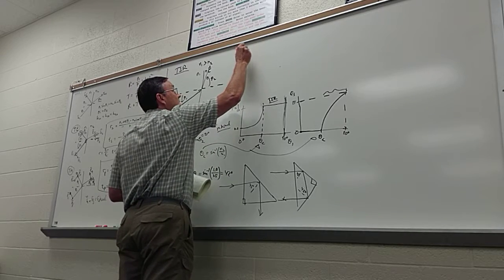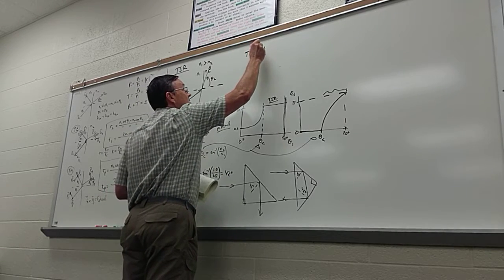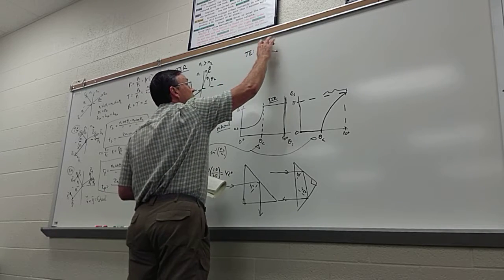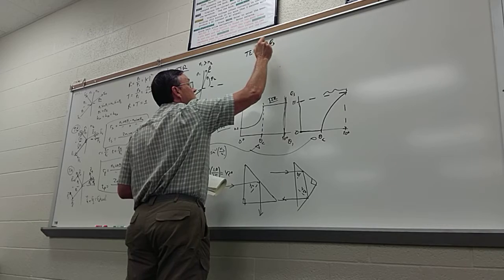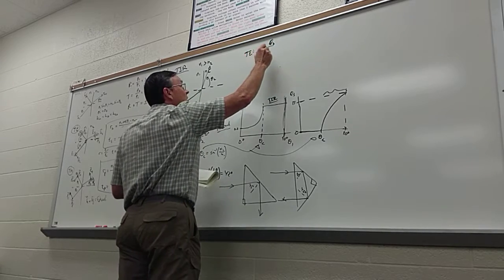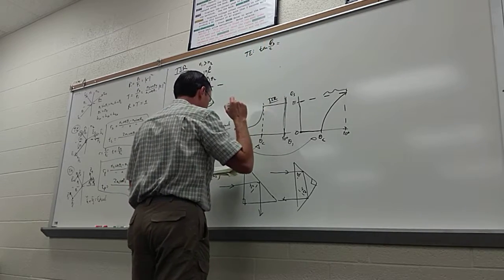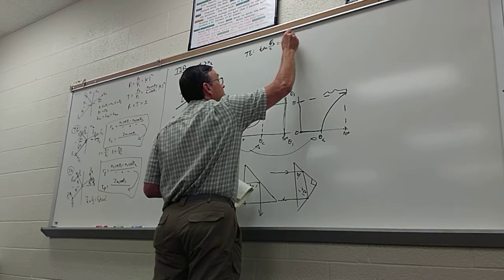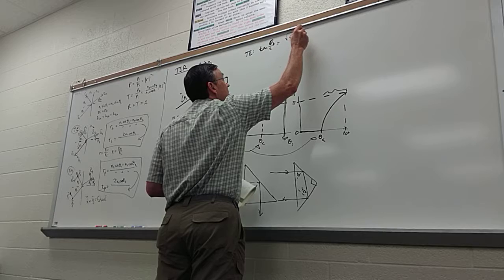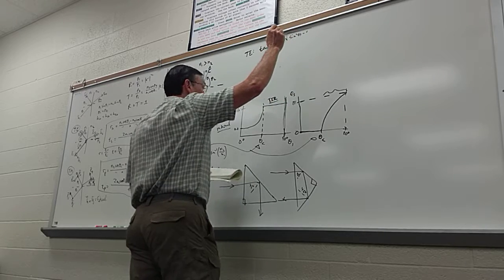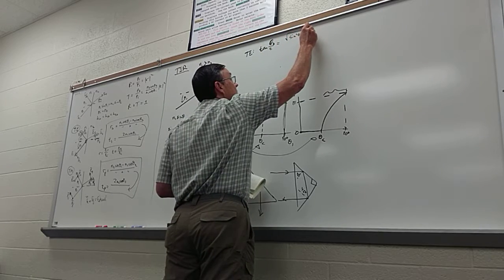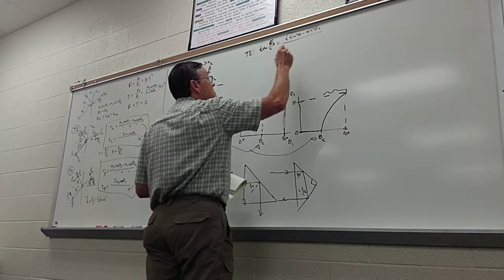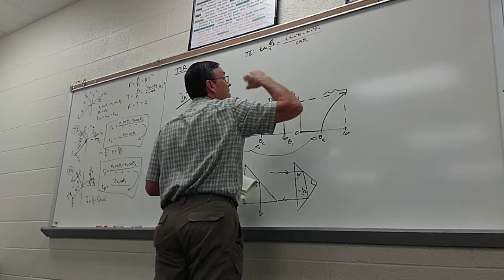For TE, the tangent of that phase shift over 2 is equal to the square root of sine squared theta 1 minus sine squared theta c, all over cosine of theta 1.